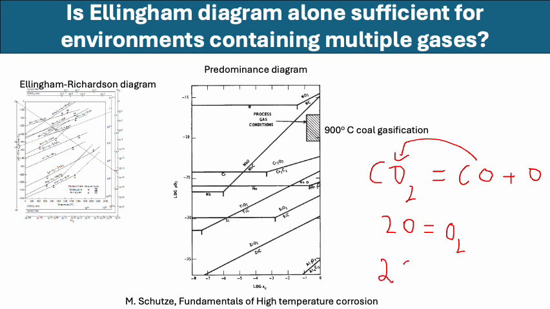These 2CO can recombine to form this. That can also happen. So you can derive, using the same principles of chemical equilibrium, using the equilibrium constant K for this reaction, let's say K3, we can find out the activity of carbon.